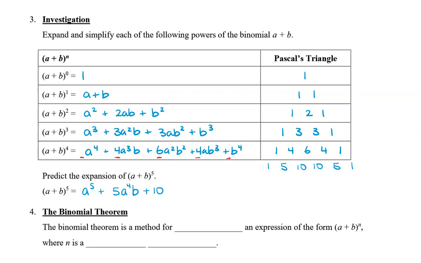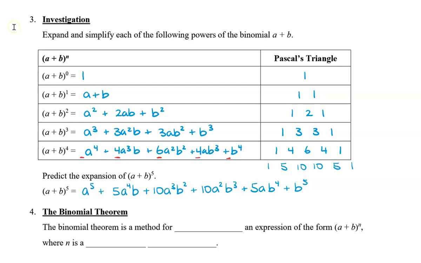And then plus 10, a cubed, b squared, plus another 10, a squared, b cubed, plus 5, a, b to the 4, and then plus b to the 5.